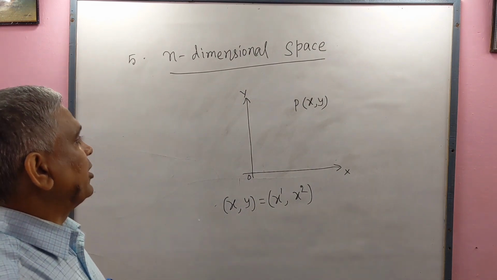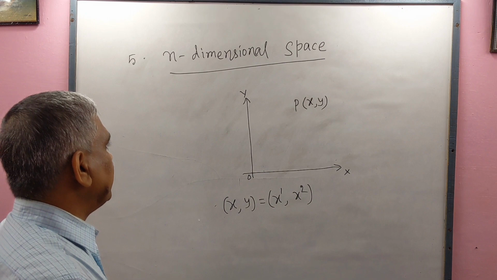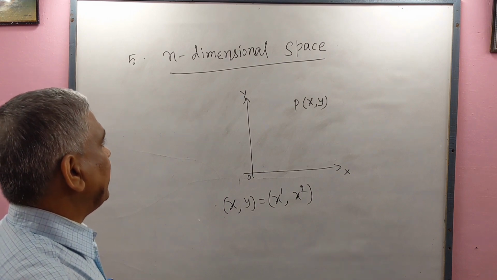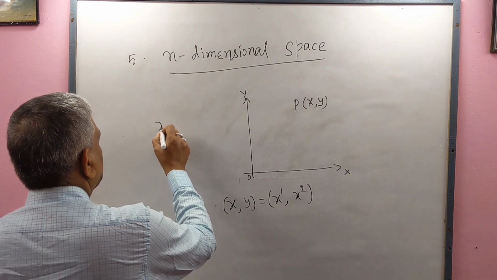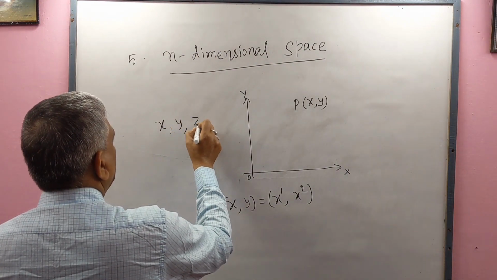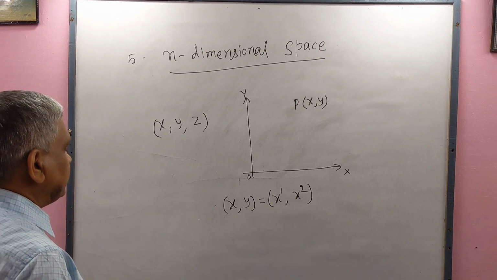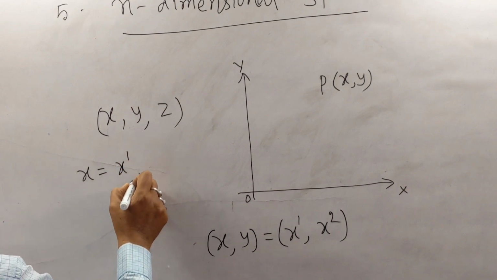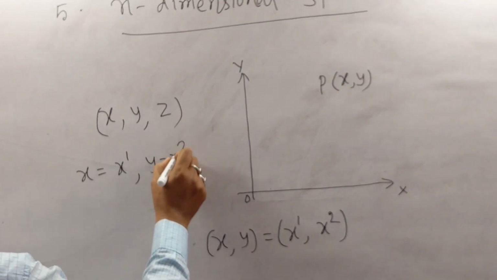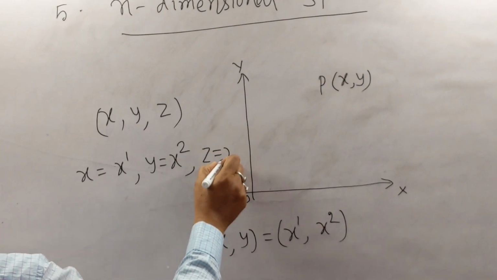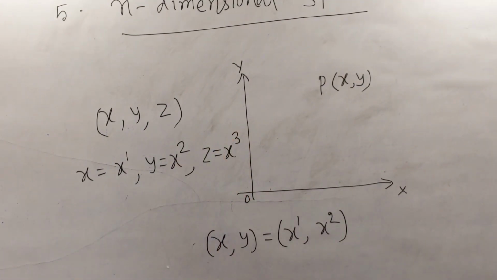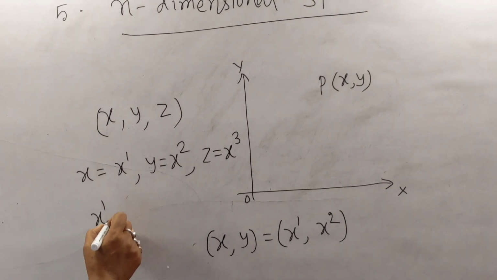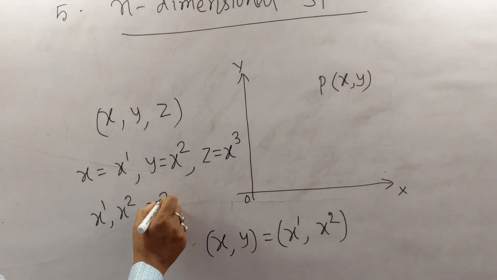Similarly, in three-dimensional space, we may locate a point by the ordered triplet x, y, z. In tensor analysis, we write x equal to x1, y equal to x2 and z equal to x3. So, the point P is denoted by the coordinates x1, x2, x3.